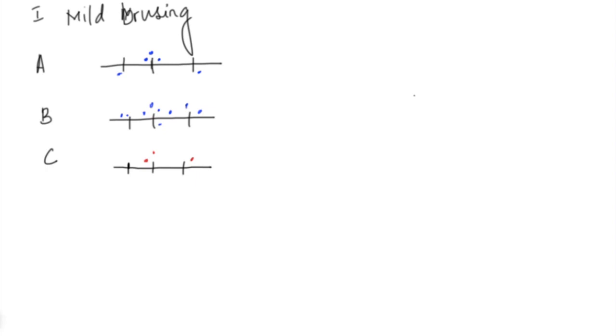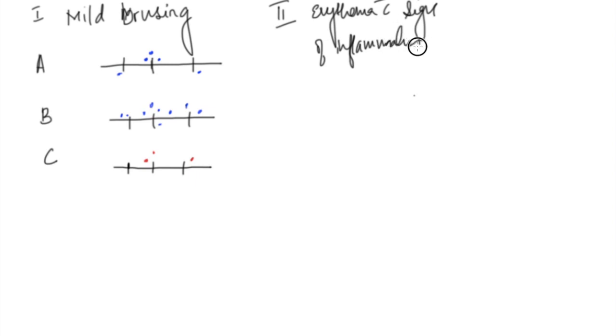Now let us move on to grade 2. Grade 2, we said, was when there is erythema with signs of inflammation. This was divided again into types A, B, C. I'll just quickly draw the suture site again for our better understanding.